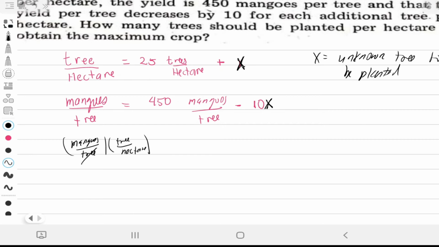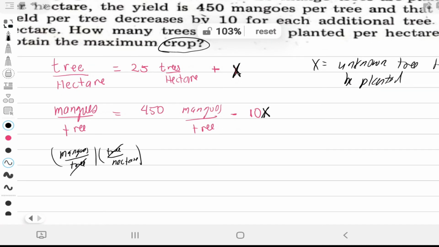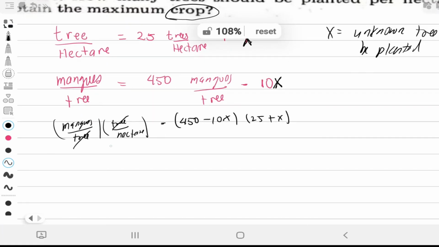Notice that we are maximizing the crop per hectare, the fruit yield per hectare. Therefore, since we multiply, we put here 400 mangoes per tree less 10x, multiplied by 25 trees plus x. From here, you will have an equation for the mangoes per hectare, or the crop per hectare.